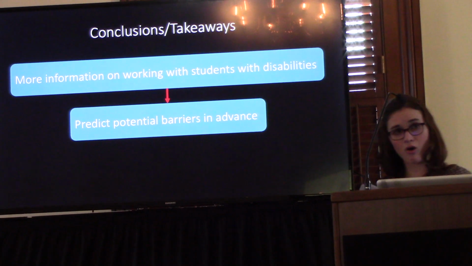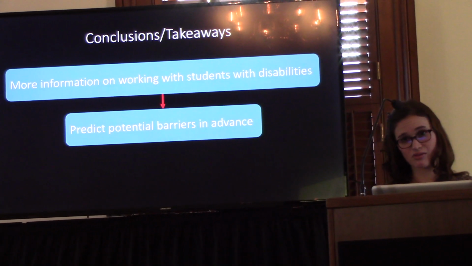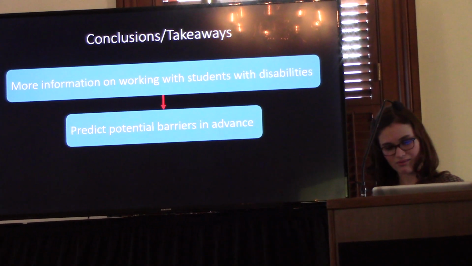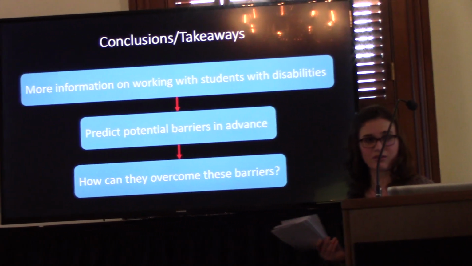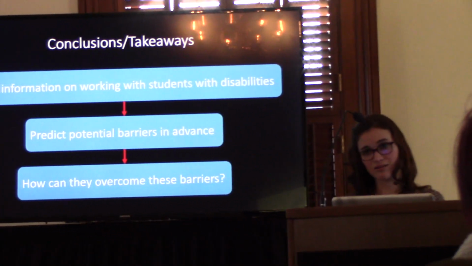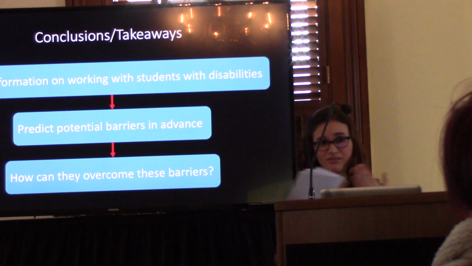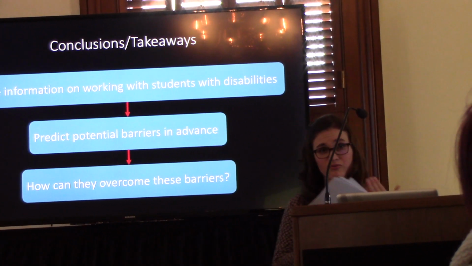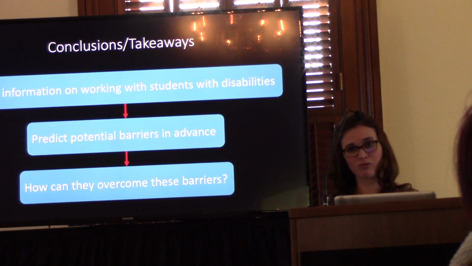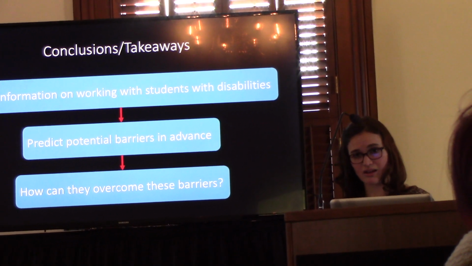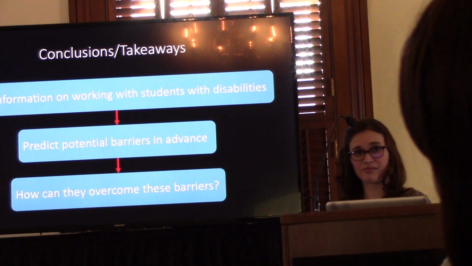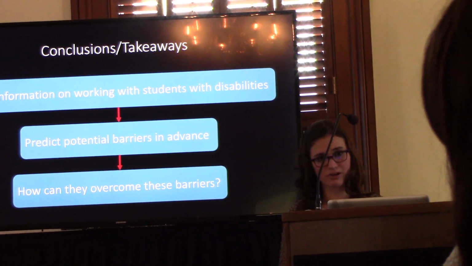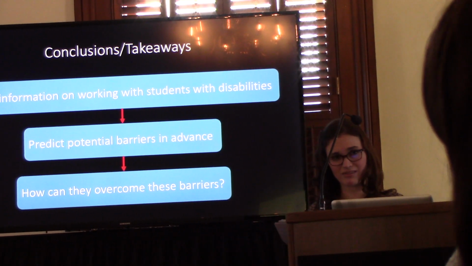But they not only want to predict the barrier, they want to be able to overcome these barriers. Techniques and ideas, such as universal design, do work, and they're wonderful. But before we can implement them, we need to understand the history, the issues, and the problems with that barrier before implementing them. Thank you.